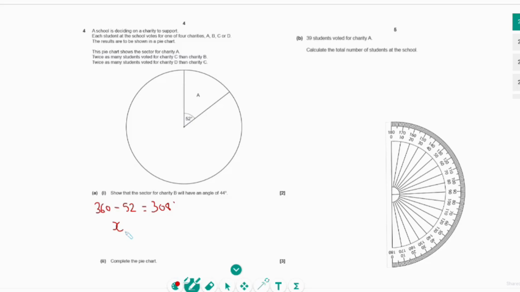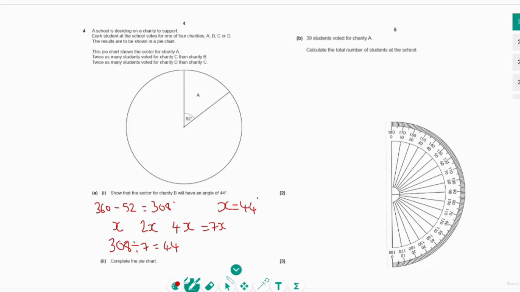Twice as many students voted for charity C than B, so C would be 2x. Twice as many students voted for charity D than charity C, so it would be 4x. If we add them up together, we've got 7x. 308 divided by 7 is 44. So charity B is the x. Charity B is represented by 44 degrees.